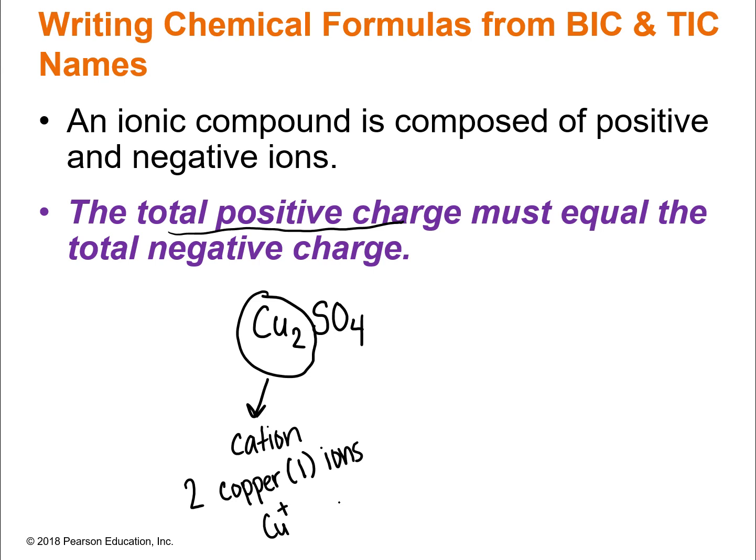If we have 2 of them, then our total charge is positive 2. SO4, you look up on your chart. It is an anion, and its charge is negative 2. We've only got one of them.